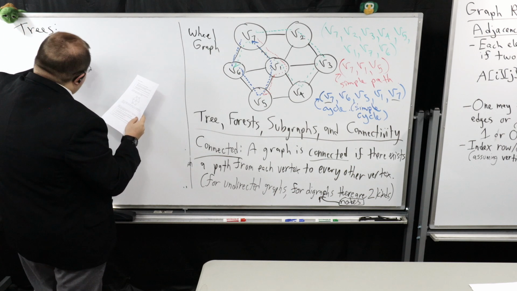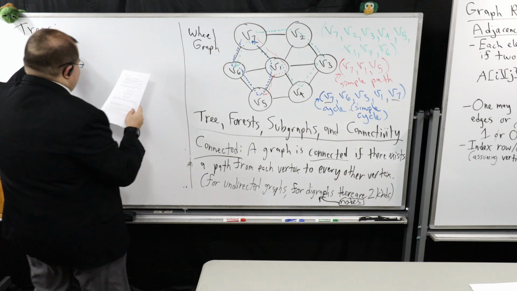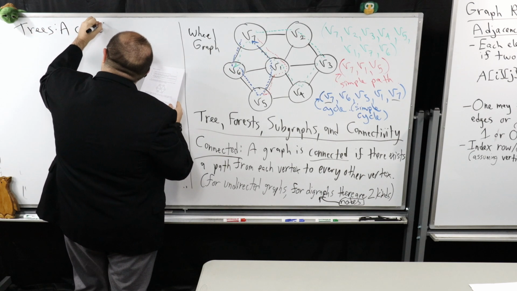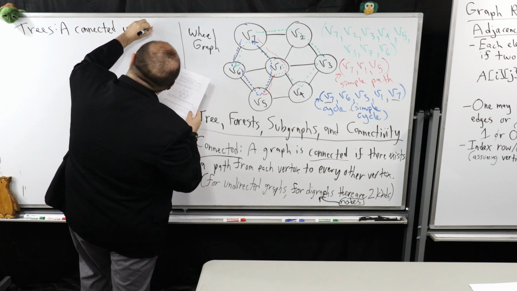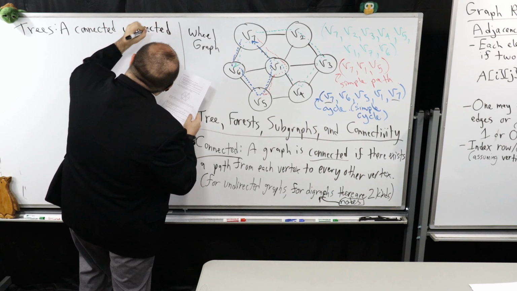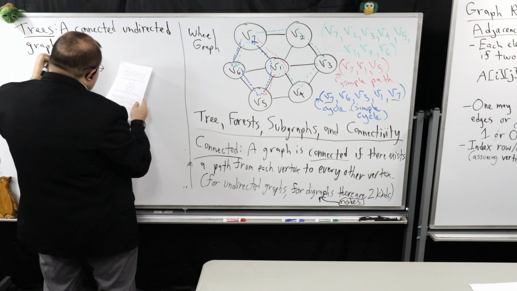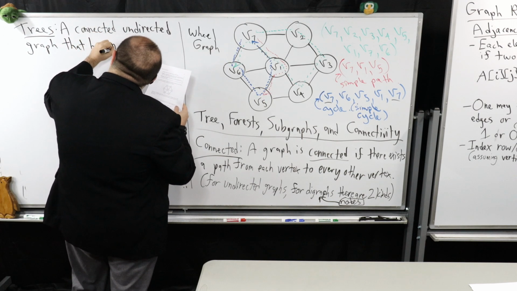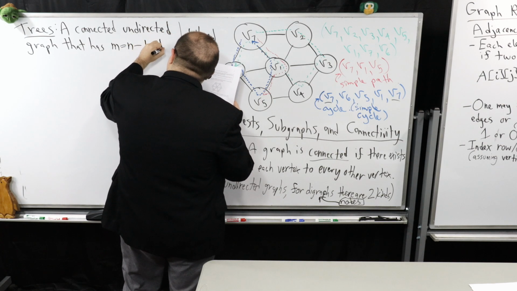A tree has a very simple definition in terms of graph theory. It goes like this: a connected, undirected graph that has m equals n minus 1 edges.